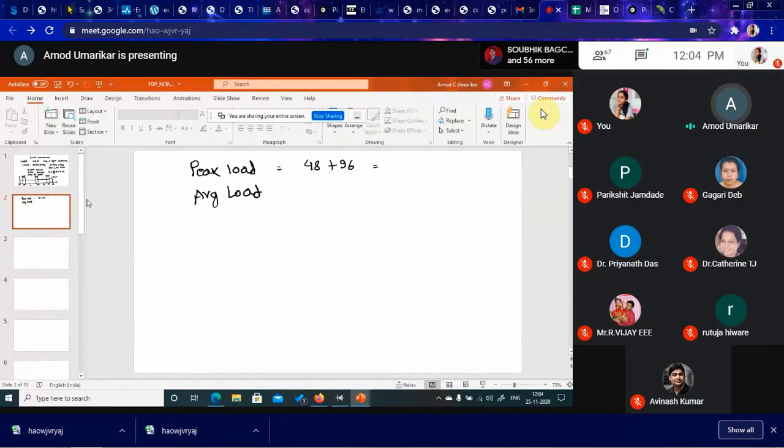So 3 times a day this load occurs, for 1 hour. 96 plus 48 is how much? 144 watt. And what will be the average load?